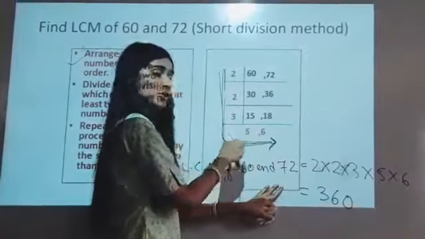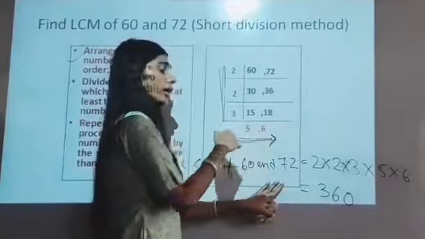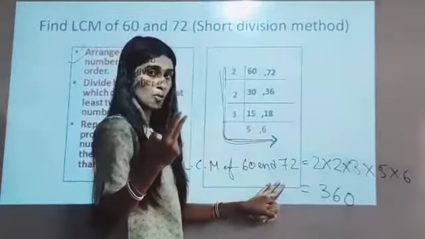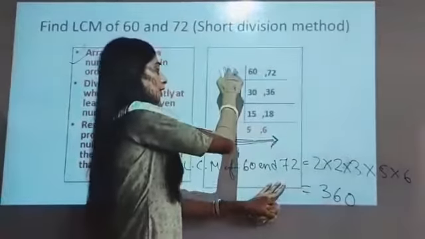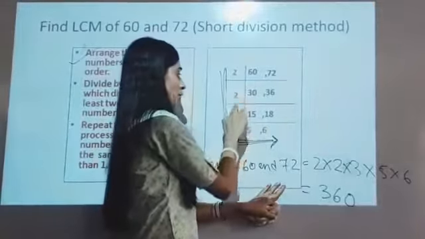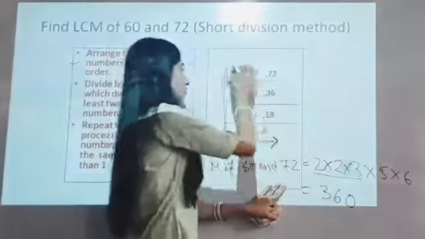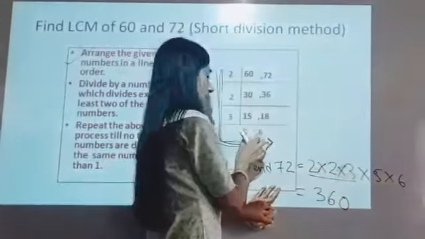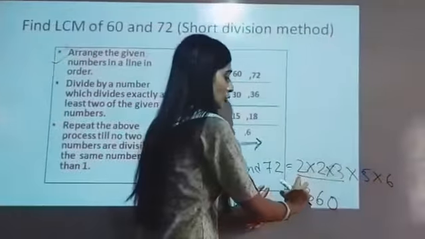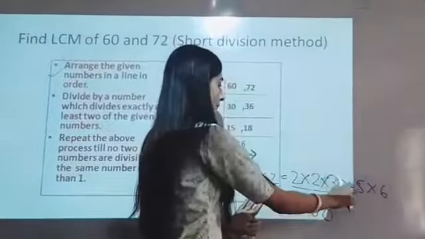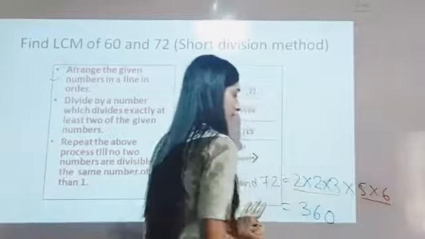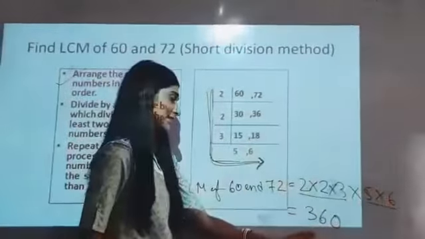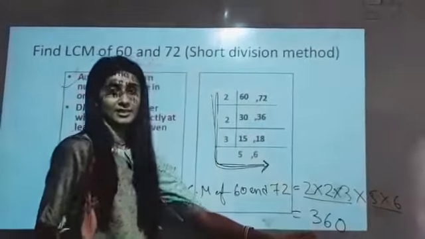See, 5 and 6 are not divided, since these two numbers are not divisible by any common number. So product of all three divisors and the undivided numbers: 2 multiply 3 multiply 5 multiply 6. So you get the result 360. So this will be your final answer.